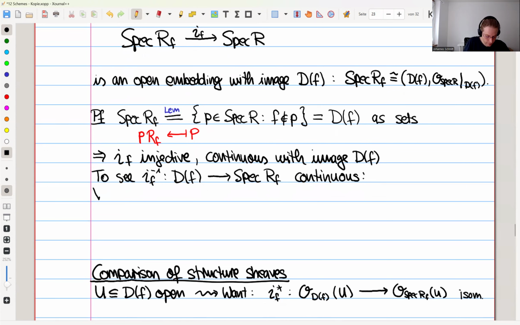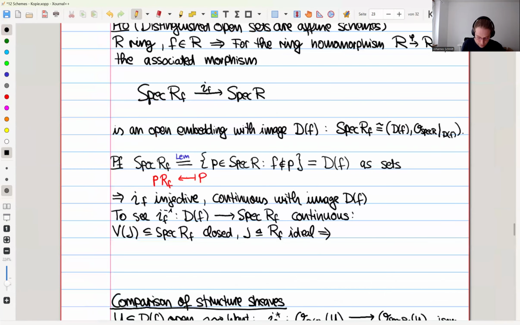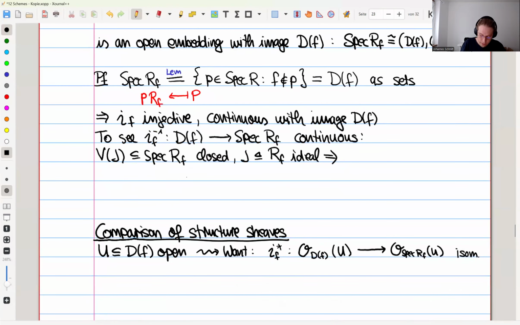So let's say V(J) in here is closed. So then J is an ideal of R_F. Then we want to see that its inverse image is closed, but the inverse image is also the same thing as applying i_F. So what ideal could cut out this thing?